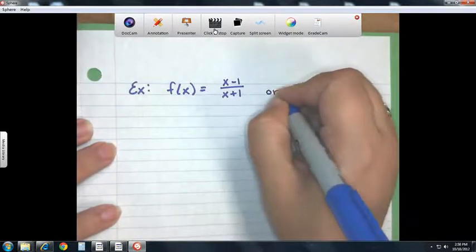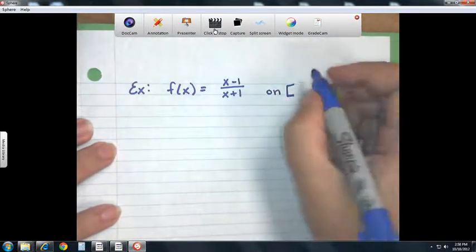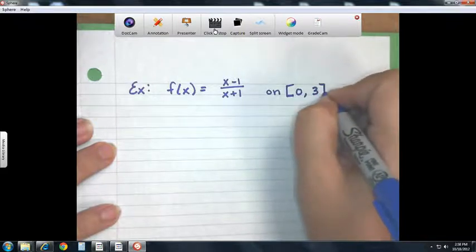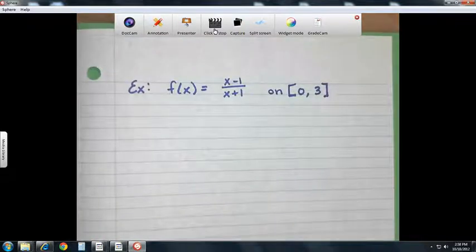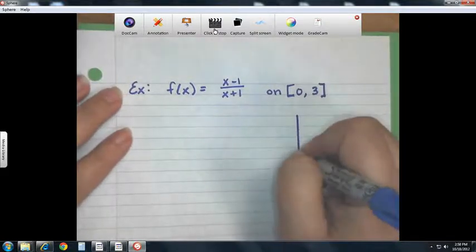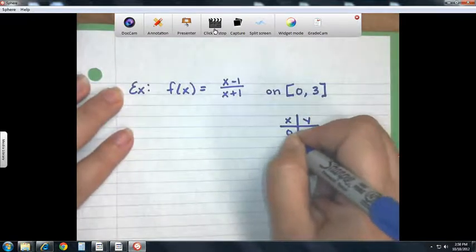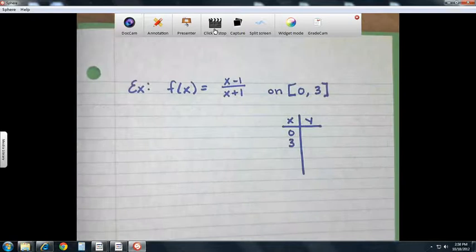So, we're going to set up our candidates test. We know we're going to check 0 and 3 because we have to check endpoints, because the endpoints could be the highest and lowest. We just don't know. How do we find any other possible extrema?